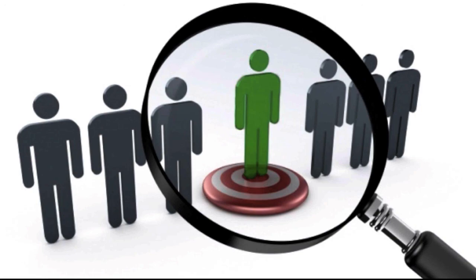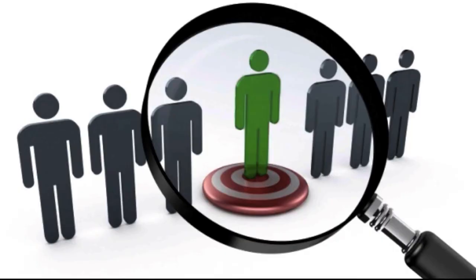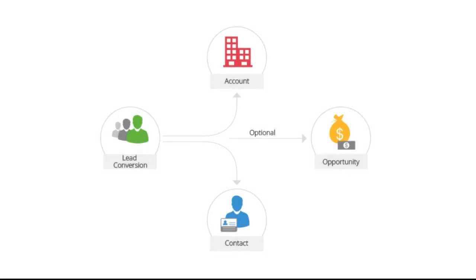At the same time, there's other pieces of information you can get out, for example, a company. Now, a company represents that actual business entity. And if you think about it, that company can have many different leads and contacts. So when we're talking about the kind of data that we can sync back and forth, we spoke previously about how this lead turns into an account, a potential, and a contact.